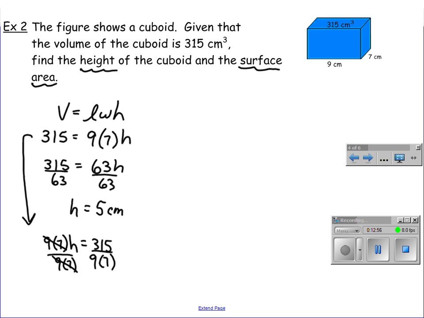A lot of times it'll make your math easier, especially if you're dealing with really big numbers or powers of 10 or something. So in other words, in this problem, I know that 315 has 9 as a factor because 3 plus 1 is 4 plus 5 is 9. Remember that rule? So I know 9 goes into 315, goes into itself once, goes into here 35 times, and then the 7 could cancel also. And I get my 5.